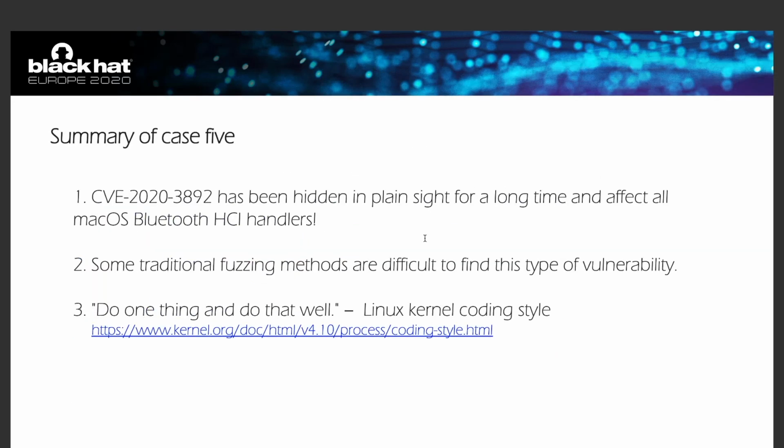So this vulnerability has been hidden in plain sight for a long time, and some traditional fuzzing methods find it difficult to find this type of vulnerability. And one more thing, I agree with the Linux coding style: do one thing and do it well.